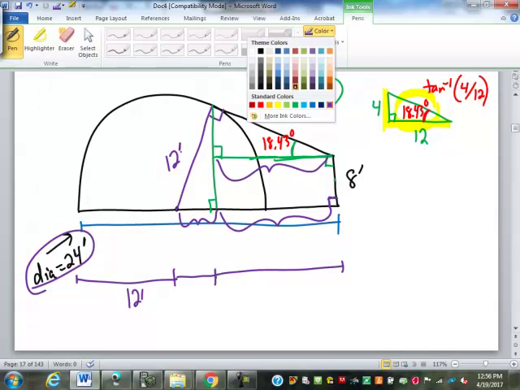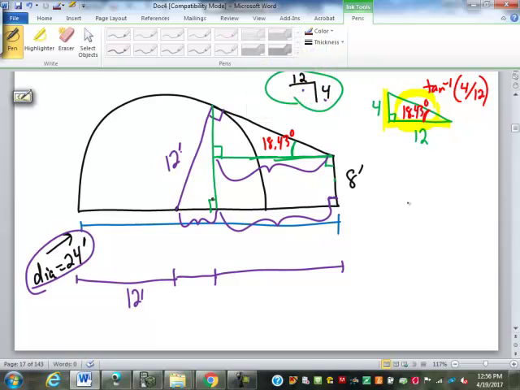So right now, the only triangle I have that I know much of anything about is this one right here. I know this is my radius of 12 here. I know that's a right angle. I can find that angle. How? I'm going to go back out to this figure here. How many sides does that have? 4. I know this is 90 degrees and this is 90 degrees.